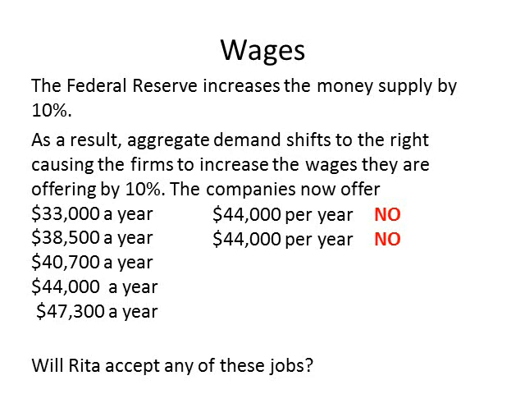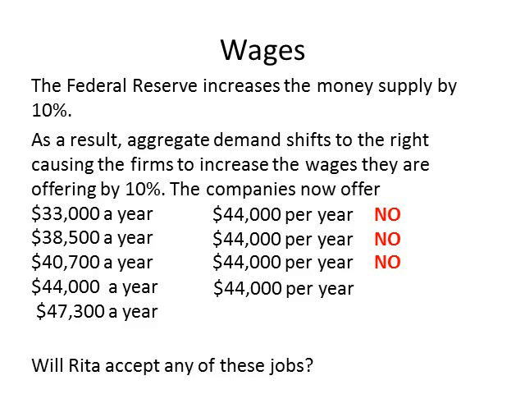No. A firm offers Rita a job for $40,000 a year. Will she take this job? No. A firm offers Rita a job for $44,000 a year, and her reservation wage is $44,000 per year. Will she take this job? Yes, this might be a potential job for her to take.